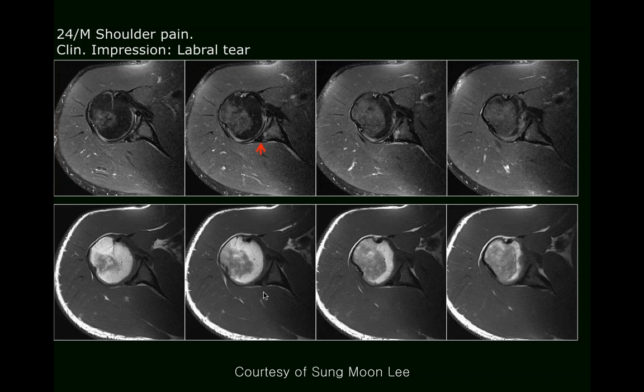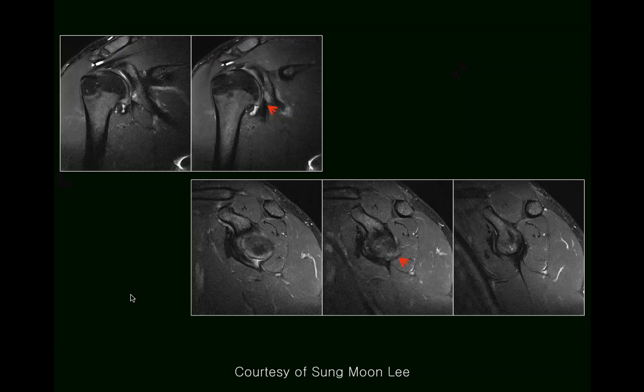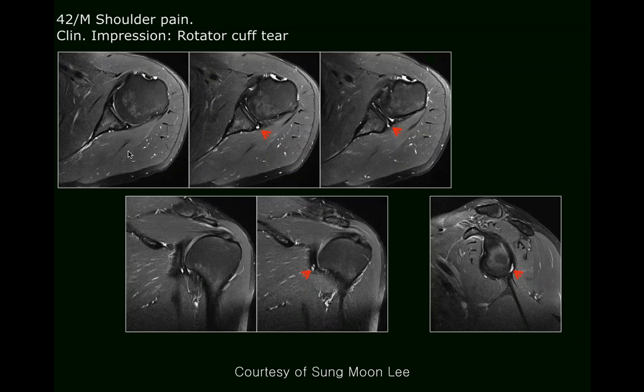It involves the posterior periosteum of the glenoid, and on the coronal images, again, it shows an area of increased signal in that subchondral glenoid in the first image to the left, and then some perilabral cyst. It looks like there is a small one posteriorly, so it just indicates that there is some labral pathology that we may or may not see. There's a tear there.